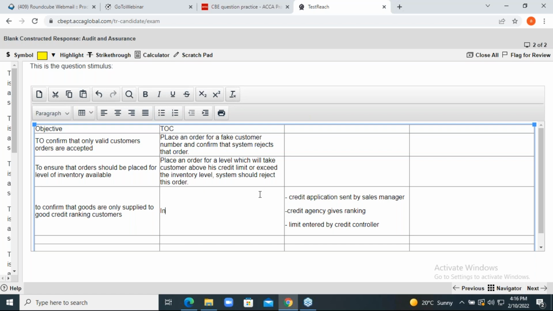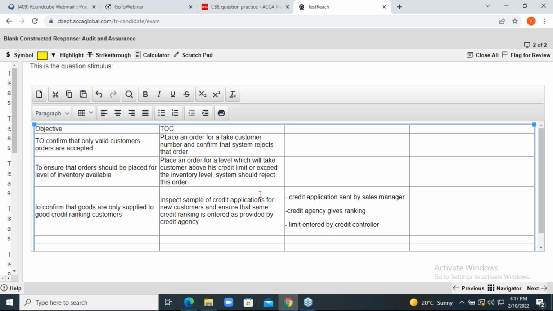So you will start like this: inspect a sample of credit applications for new customers and ensure that the same credit ranking is entered as provided by the credit agency.